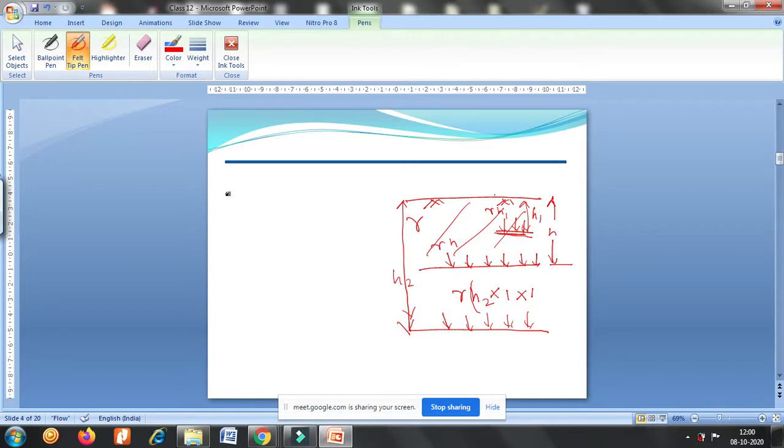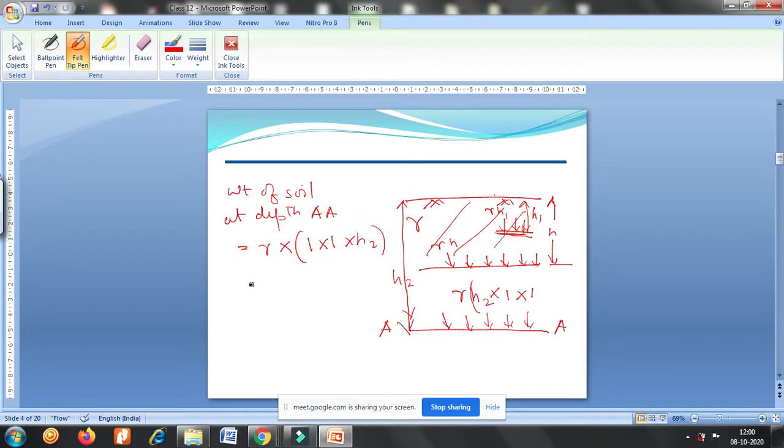Actually, the total weight of the soil at depth AA, say that this section is AA, is equal to gamma, the unit weight of the soil, into the width, length, and depth of the soil.